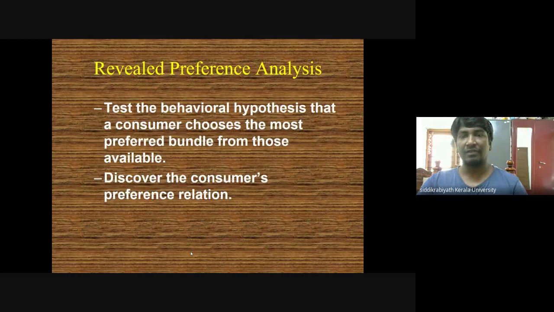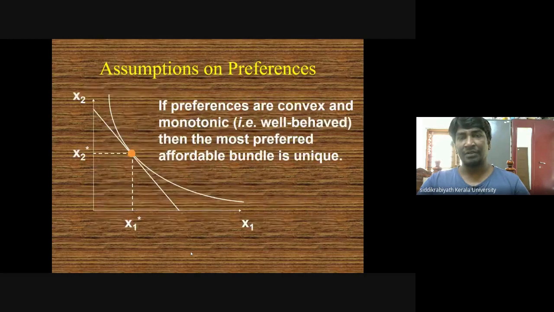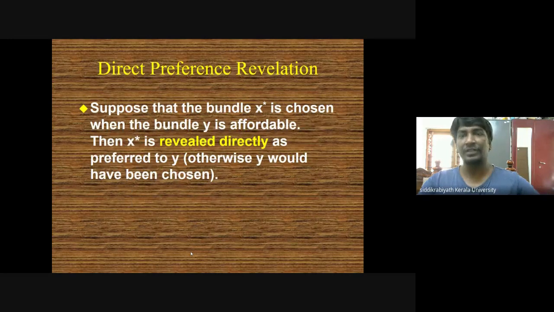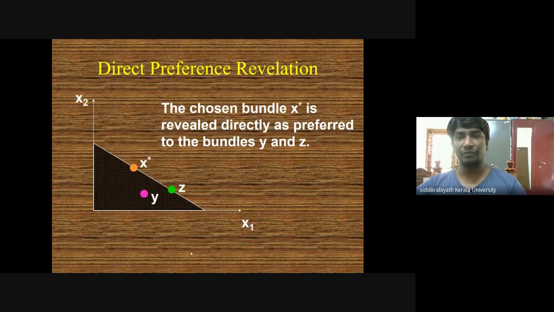Direct revealing, we have already seen, in a monotonic as well as the convex preference case: if you have two sets of commodity, say x star, z and y, then direct preference revelation says that given two commodities, x and z, when I say that I prefer x over z, immediately z is not preferred and x is preferred.